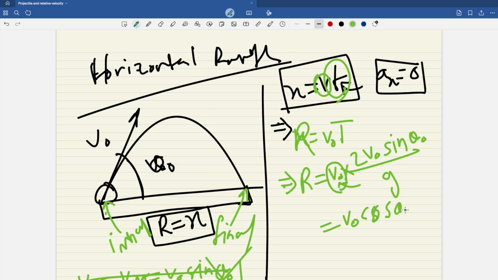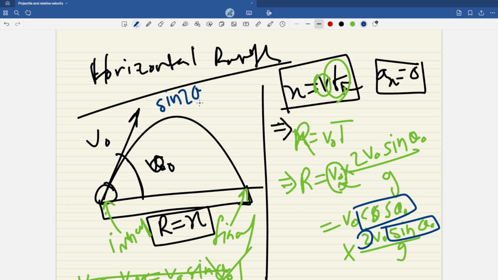So we can write v naught cosine theta naught multiplies 2 v naught sine theta naught divided by g. Now with this cosine theta naught, this 2 and this sine theta naught, we know that sine 2 theta equals 2 sine theta cosine theta.